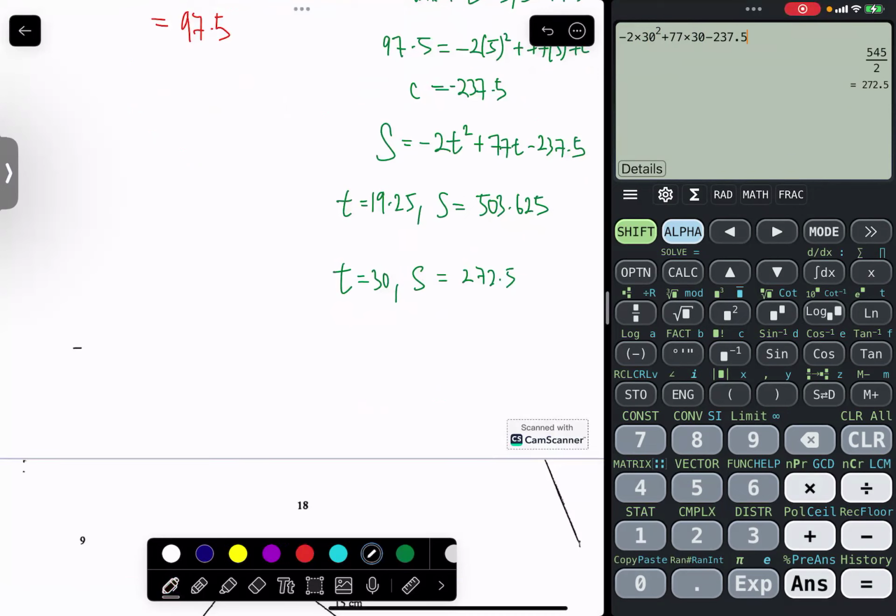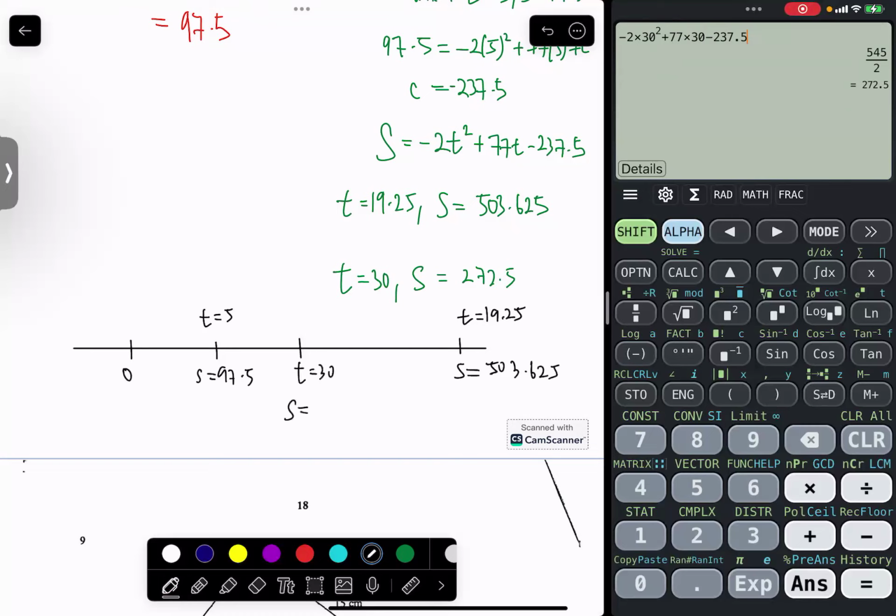First 5 seconds: when t equals 5, s equals 97.5. At t equals 19.25, s equals 503.625. At t equals 30, s equals 272.5.